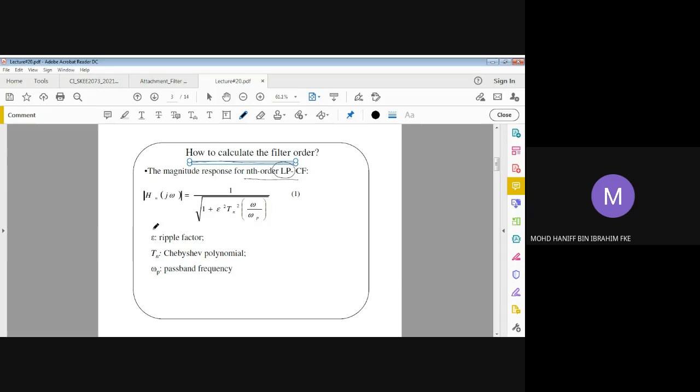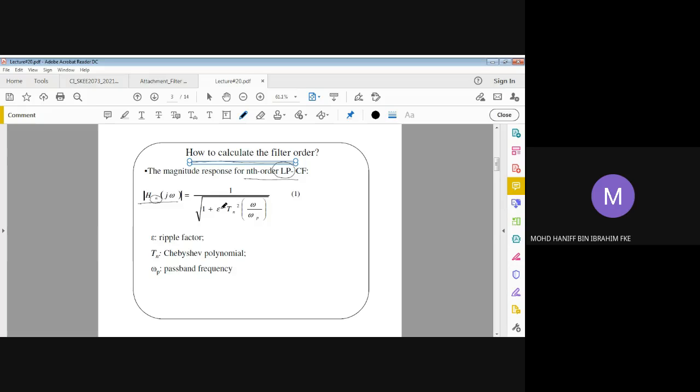For Chebyshev, this is the transfer function, or magnitude response, where H_n(jω) refers to the nth order. It can be written as 1 over the square root of 1 plus epsilon squared times T_n squared of ω over ω_p.